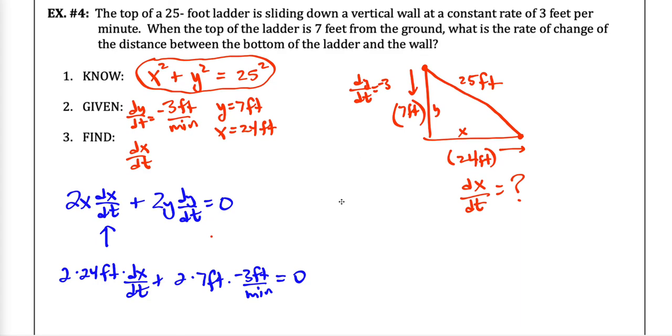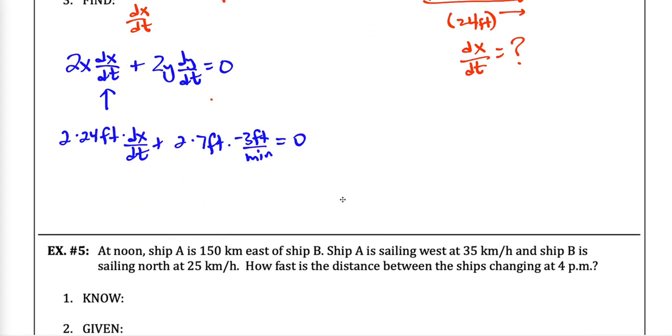And then we've got to solve that. So I am going to take the 14 times 3, 42. I'm going to add that to the other side of the equation. Is that 42? Yeah, 42.